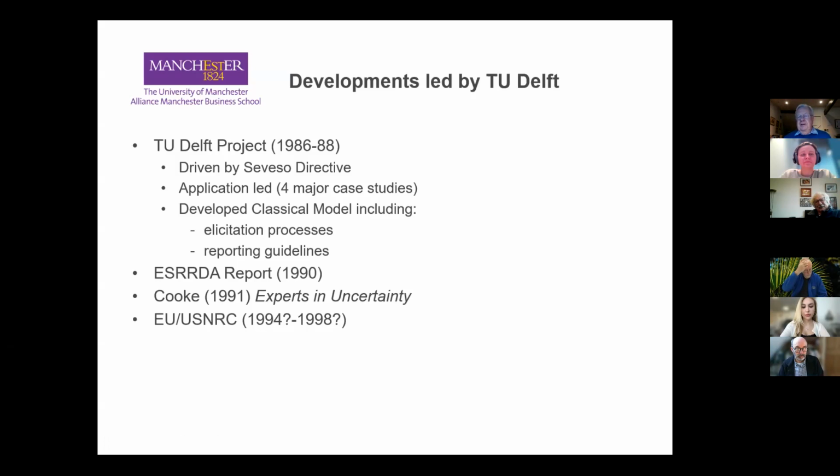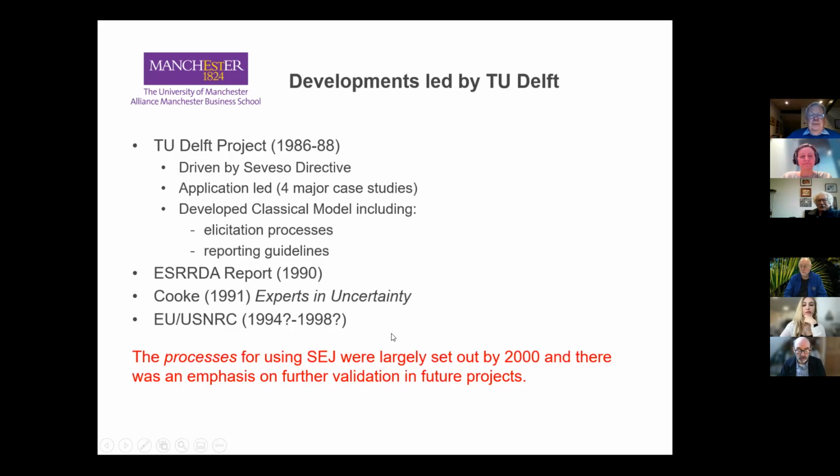And it looked at various types of model that you needed to use, from meteorological through to source term and dispersion. And it looked at how expert judgment would be made. It used the classical model in the UK and various other models in the US. It compared them. It did an awful lot of basic work. And it was, to my mind, a really important project that led to a lot of good results.